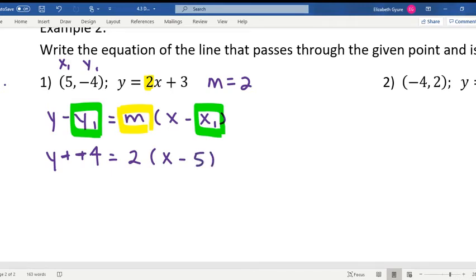Good. Who remembers what our next step is? Aiden? Okay, we're going to bring down the y plus 4, and then you said 2x minus 10. How'd you get that? Yeah, very good. We're going to distribute. So 2 times x is 2x. 2 times -5 is -10. So 2x minus 10.